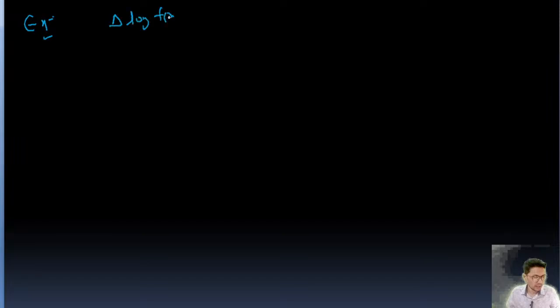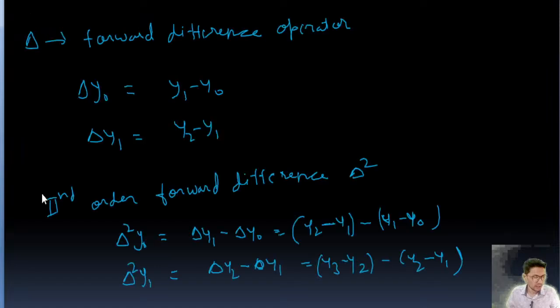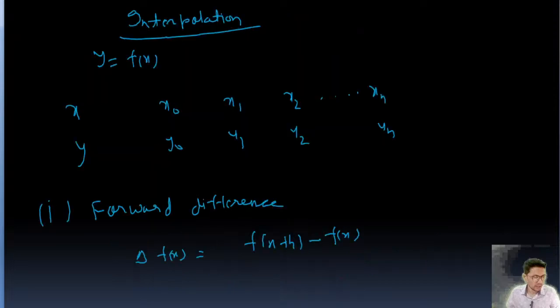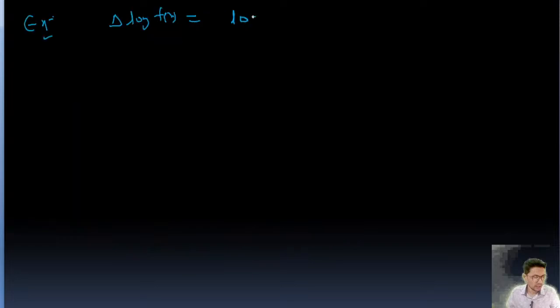So delta f(x) is f(x plus h) minus f(x), so this is going to be log f(x plus h) minus log f(x). And by the log property it is going to be log of f(x plus h) upon f(x).